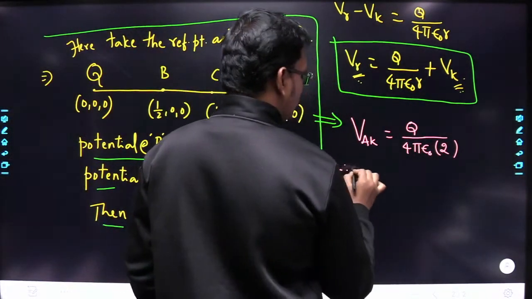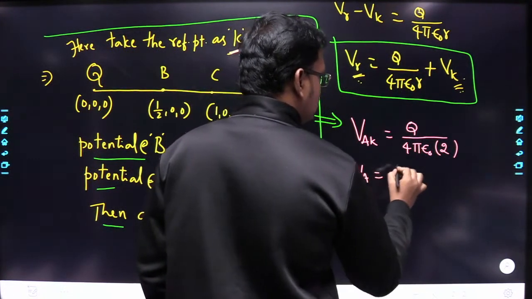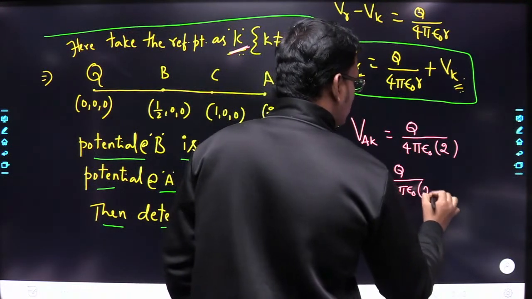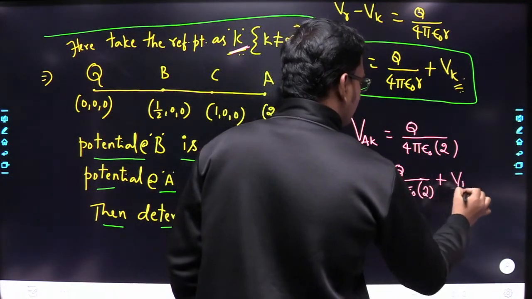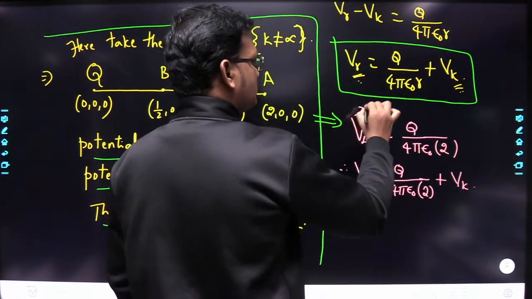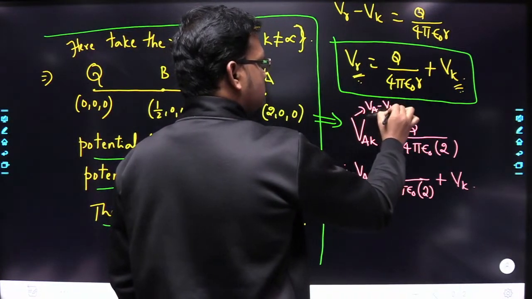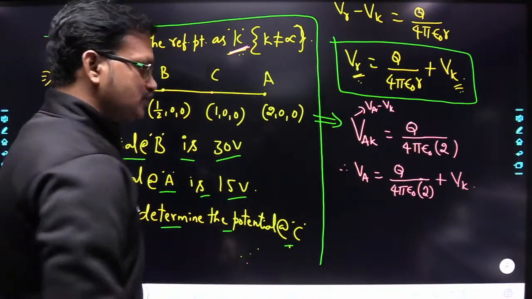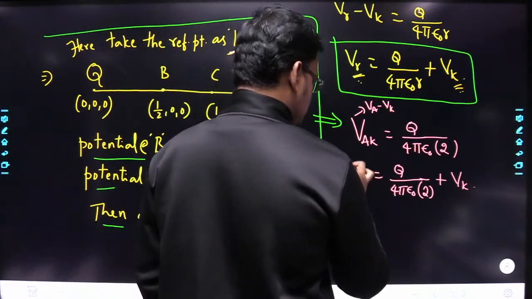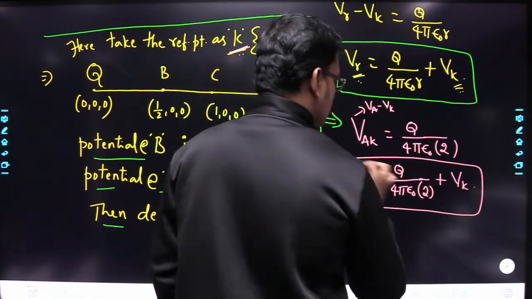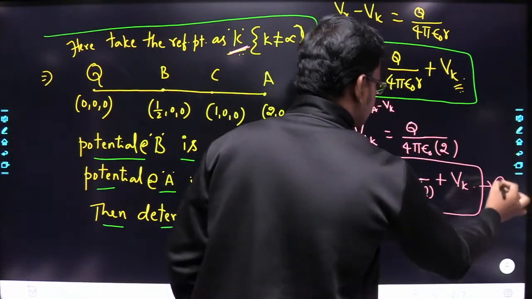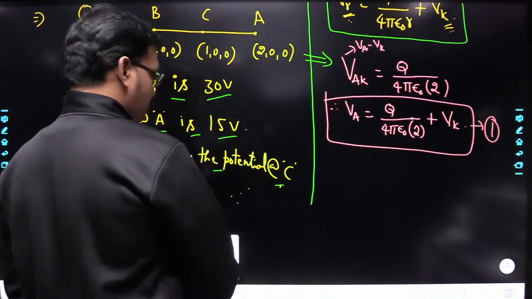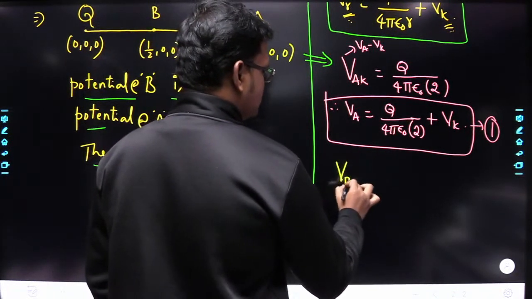Therefore VA is equal to Q by 4 pi epsilon naught into 2 plus Vk. Why here? VAK is nothing but VA minus Vk. So I have sent Vk to that side. So this is nothing but VA. Let us consider this as equation 1.